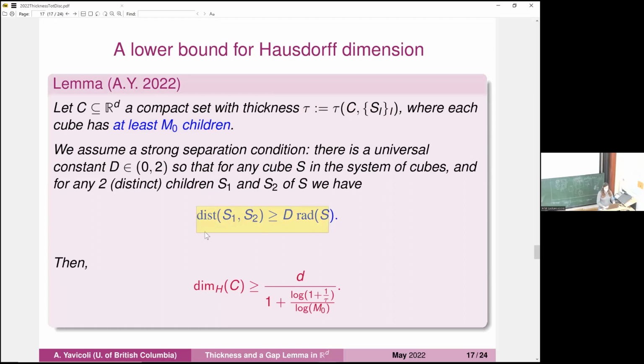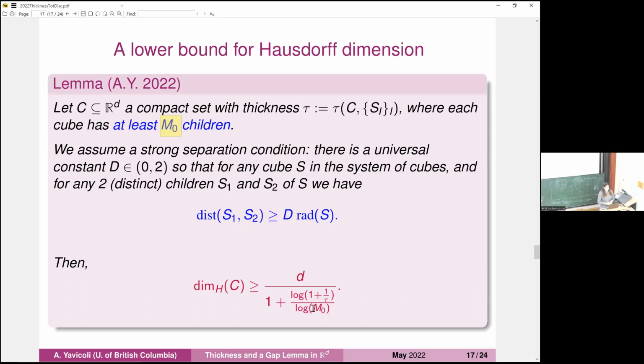The distance between two siblings is larger than a constant times the radius of the father. Then we have this lower bound for the Hausdorff dimension of the set, depending on the thickness, and also on this M0, that is the number of children we can ensure.